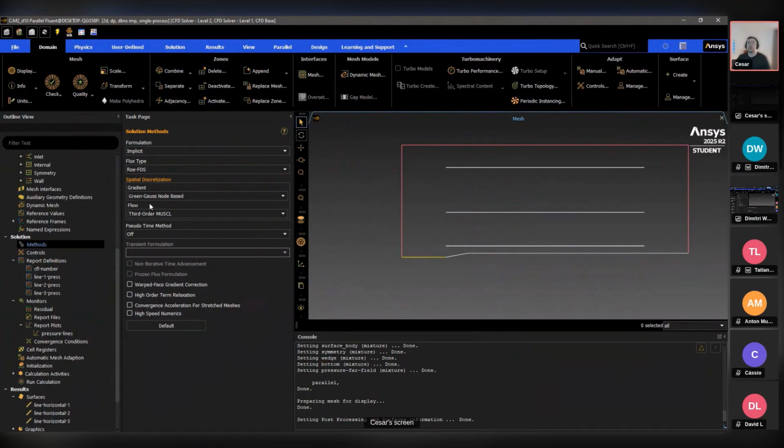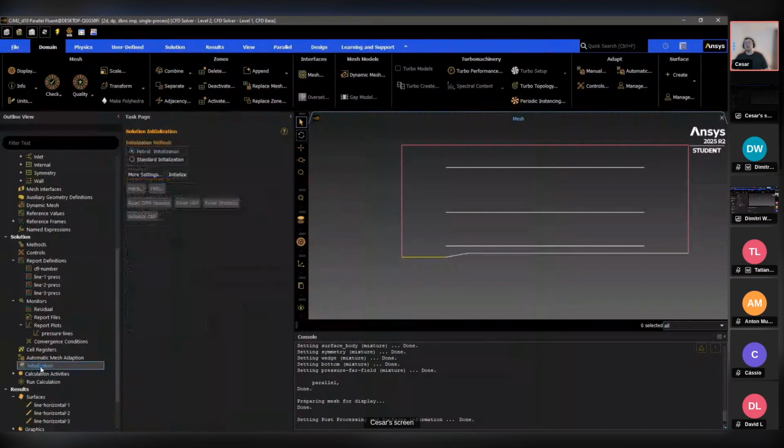For the gradients, we're using the Green-Gauss node-based gradient, and for the flow fluxes, we are using the third order MUSCL. I don't want to get too deep into this because this is an introduction to supersonic flow, but maybe in a different seminar we can cover solution methods or numerical methods for compressible flows, but not in this one.